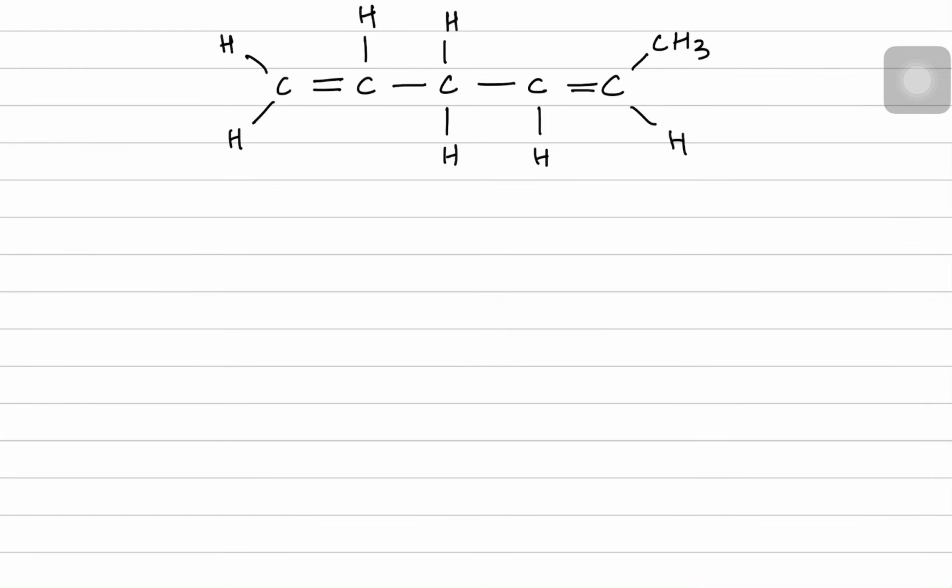Let's number this carbon structure with carbon number 1, 2, 3, 4, 5, and 6. There's a double bond between carbon number 1 and carbon number 2, the red and yellow, and there's a double bond between carbon 4 and carbon 5.